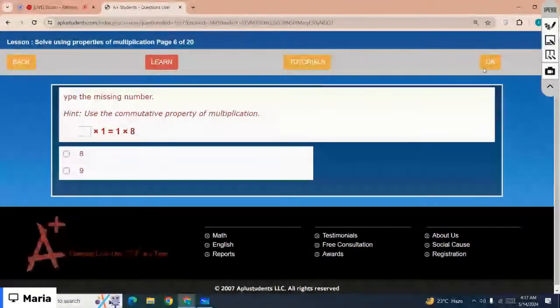Type the missing number, so which number is missing? The correct option is 8 times 1. 8 is missing.